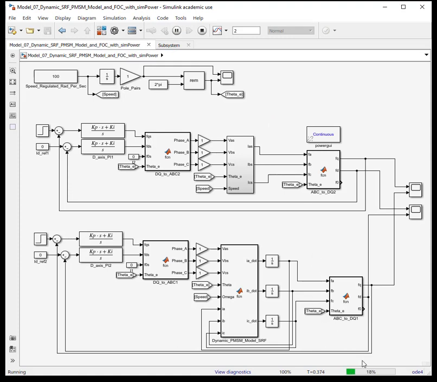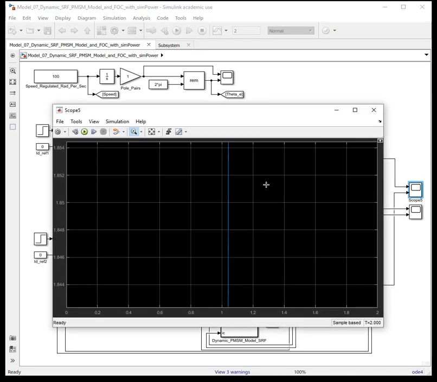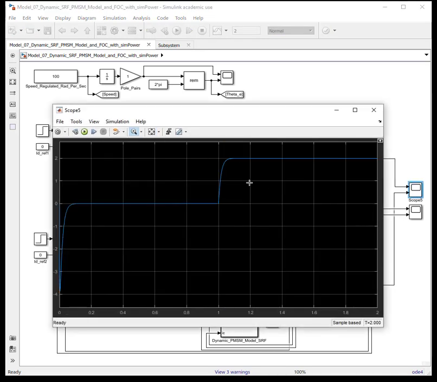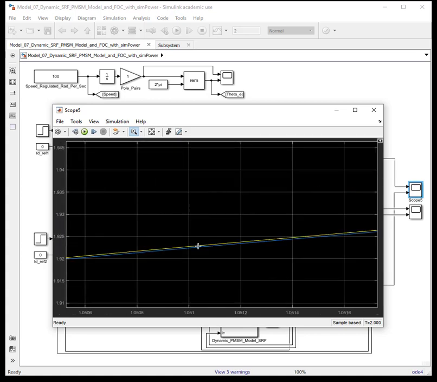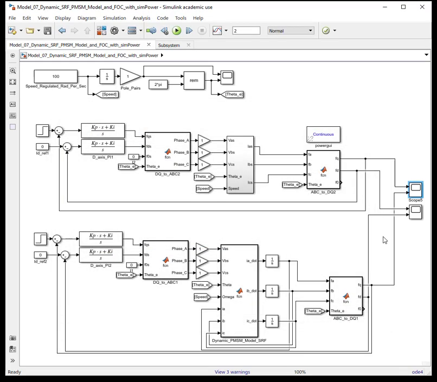You can see that it takes a little longer because we still have the original stator reference frame model here. Otherwise it would run much faster, though not significantly faster. If we compare the waveforms, you'll see that they are almost the same, very much the same. The yellow is the first model, and the blue is the second model.